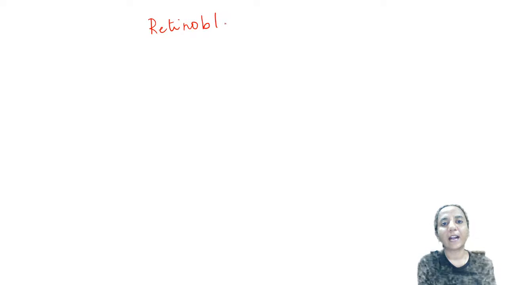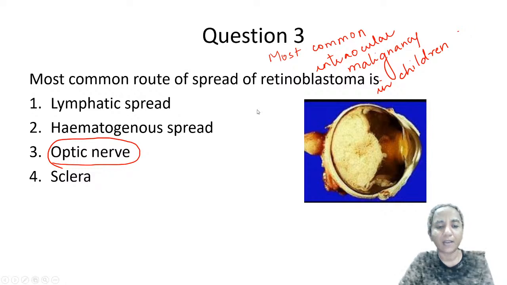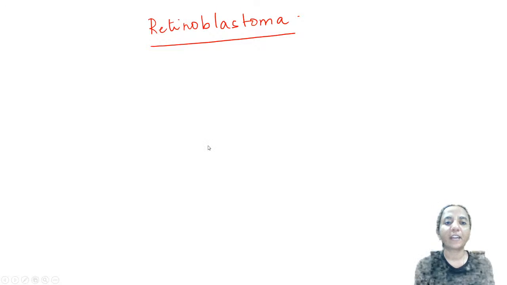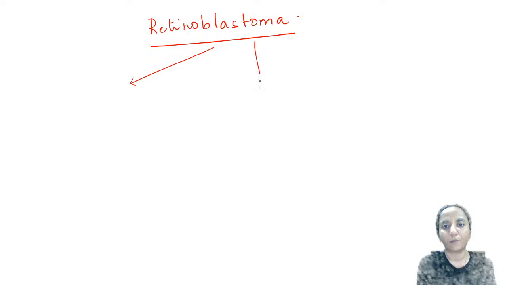Now, regarding the treatment options for retinoblastoma, the question that was asked to us was pretty simple: the most common route of spread of RB, and that's the optic nerve. Now, if you are asked regarding the treatment options for retinoblastoma, what will you say?